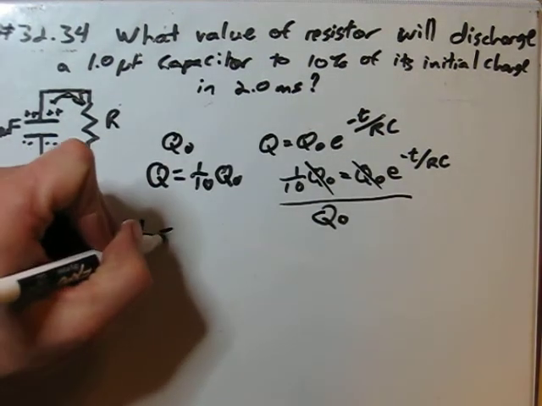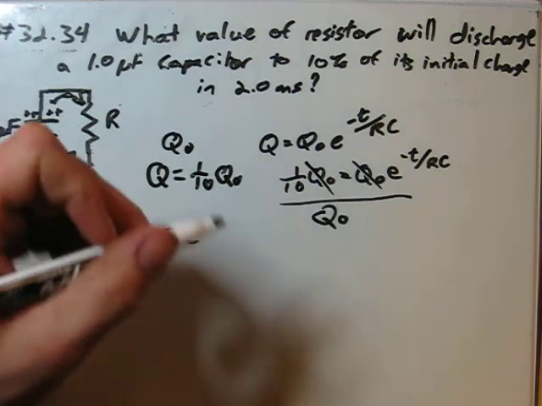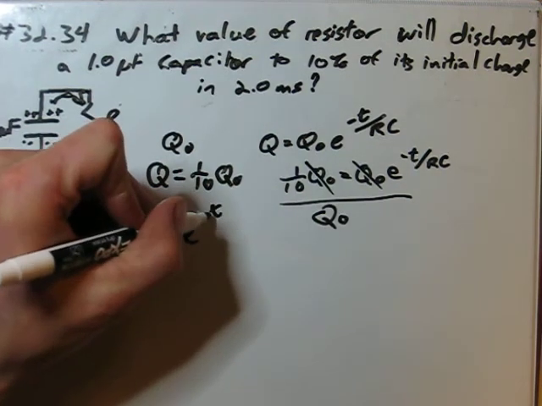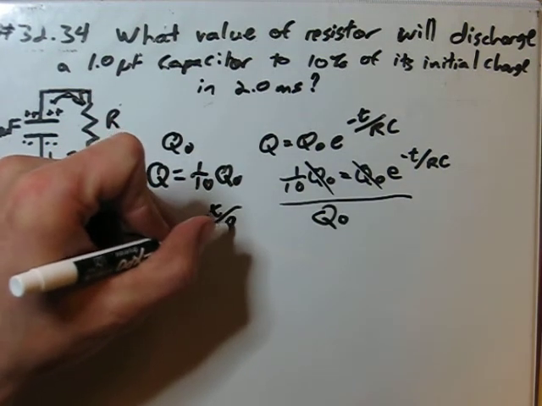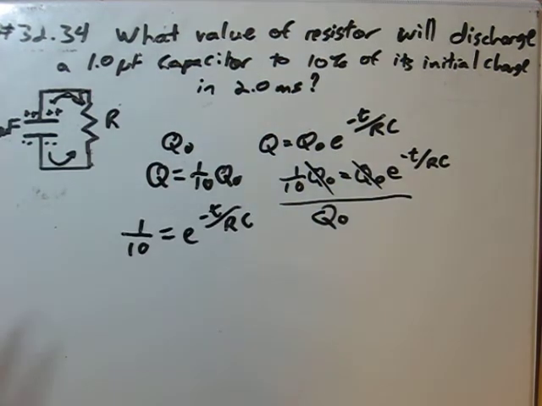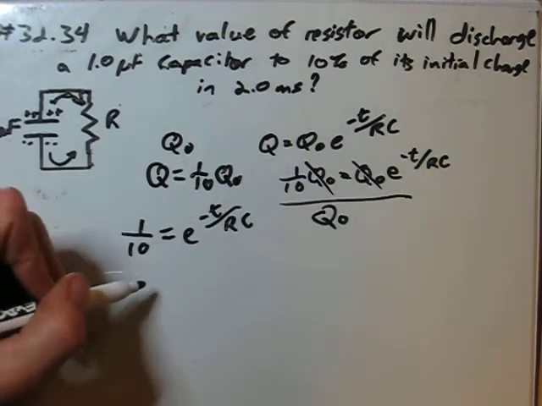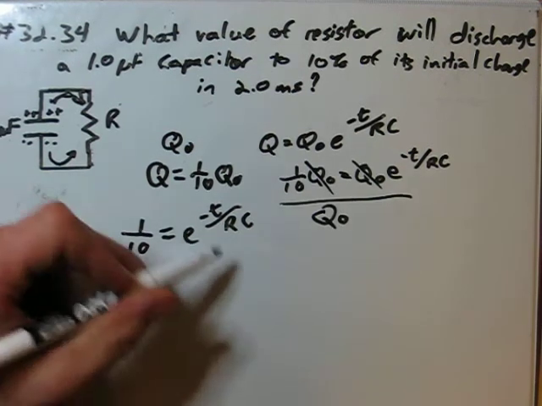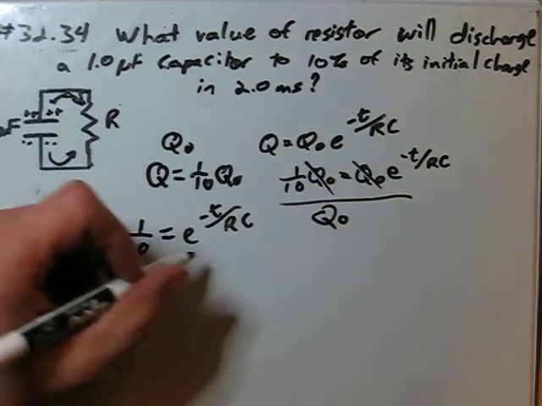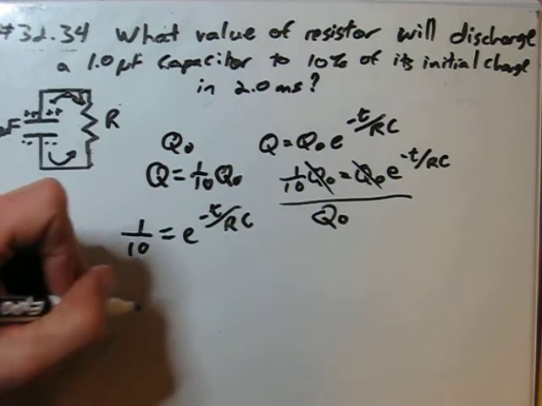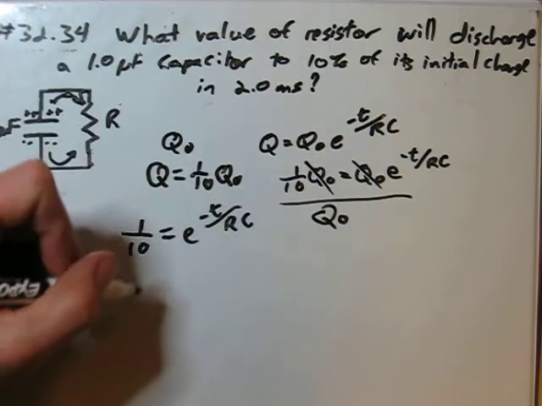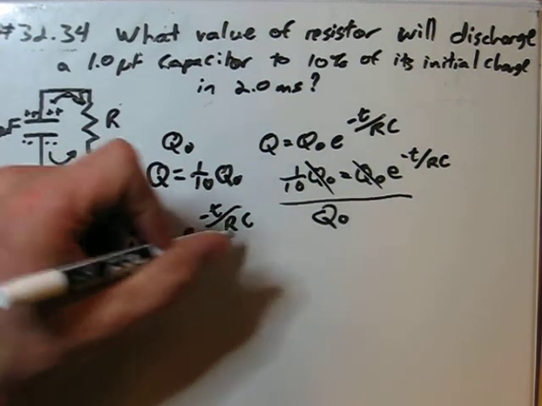We're looking for where we can get E to equal 1/10 with this exponent here. One of the easiest ways to work with this exponent is to take the natural log of both sides, and that'll get rid of that E and move this down into our main area rather than an exponent.